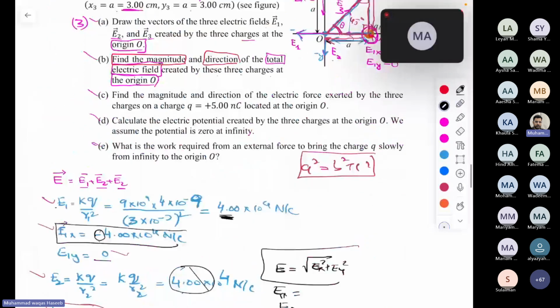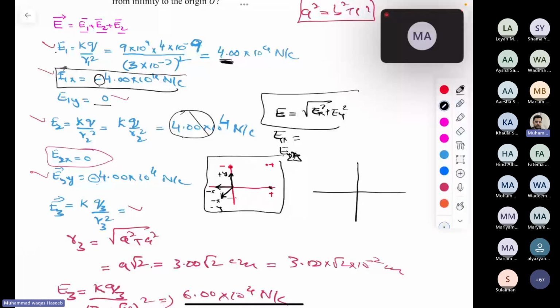It could be like this. For example, you have charges here, this is a positive charge and this is a negative charge. You need to calculate the electric field between them or at this point. This is positive, so the electric field will be in this direction, and this is negative, so this field will be in this direction.